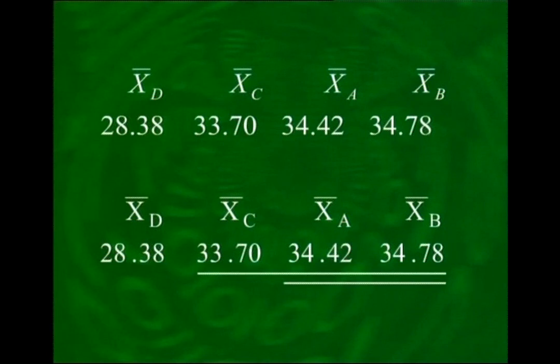This difference is also less than 2.04, the LSD. चूँकि x बार a, x बार c और x बार b के दरमियान फॉल कर रहा है, तो जाहिर ही है कि x बार a और x बार b के दरमियान जो एब्सोल्यूट डिफरेंस है, that will also be less than the LSD. The only sample mean which is standing out as being significantly different from the rest is x bar d.